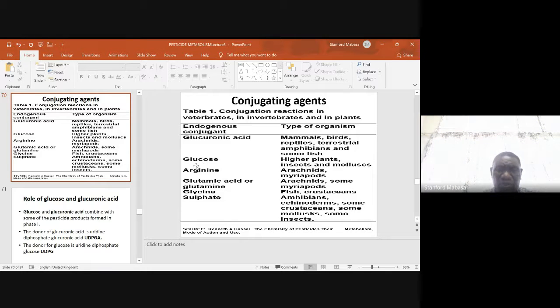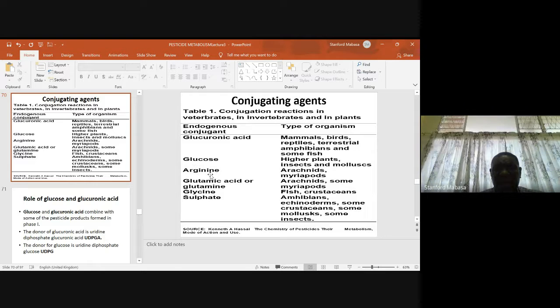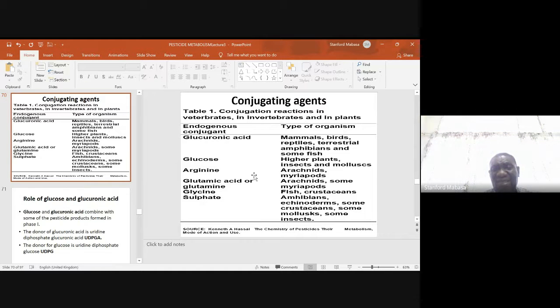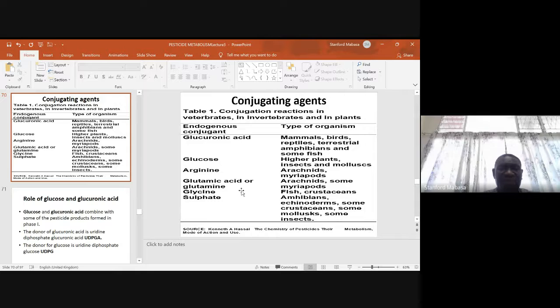Then we have glucose, arginine, glutamic acid, glutamine, glycine, then sulfate, which can also play a role in various organisms in detoxifying pesticides. We'll look at some few examples.